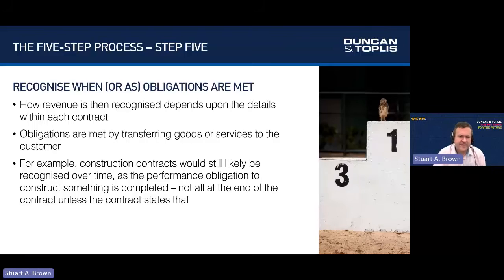For example here, a construction contract, as is currently known, that term does disappear as FRS 102 is revised, will still be recognised over the life of the contract at certain times, depending on the contract details, not all at the beginning, not all at the end when the construction is completed. Unless, again, it specifically does state that in the contract.